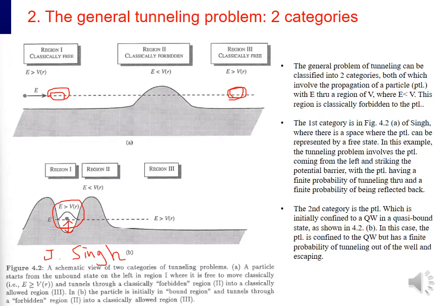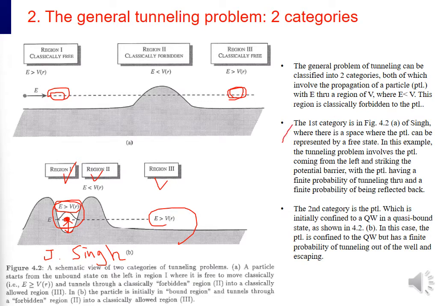Then this is the wave function, the description of a particle like an electron. They pass through. Here the energy is larger than V_R, where V_R is this black line, and the energy is larger than V_R here, but the potential shape is different in regions 1, 2, and 3.